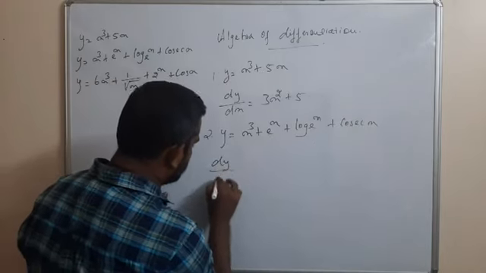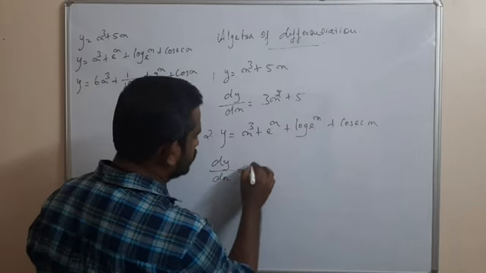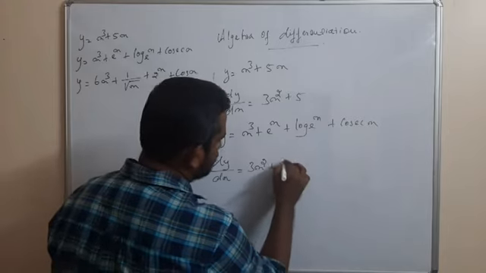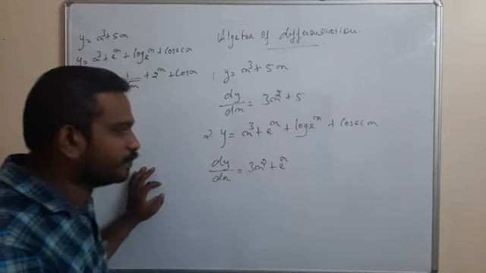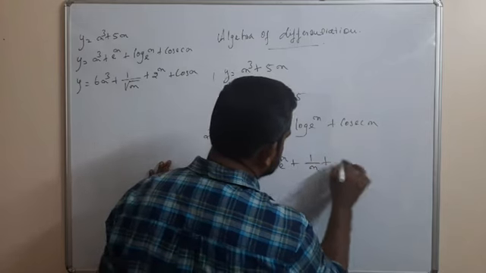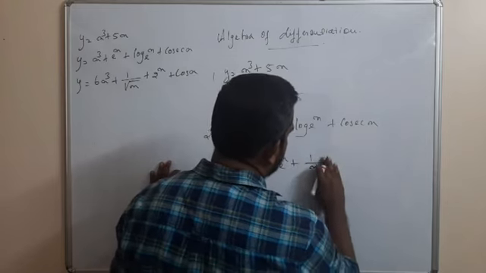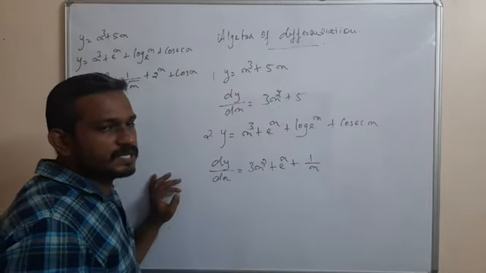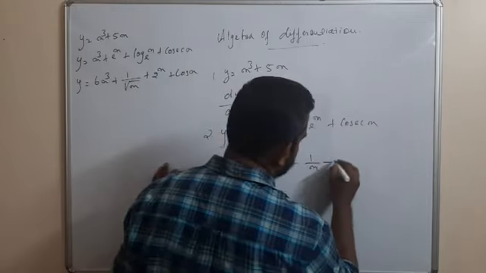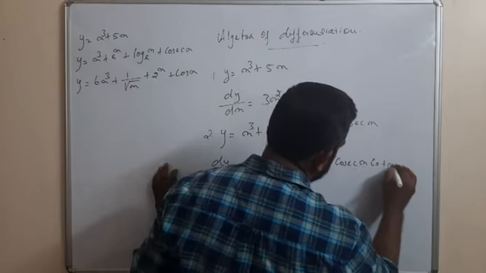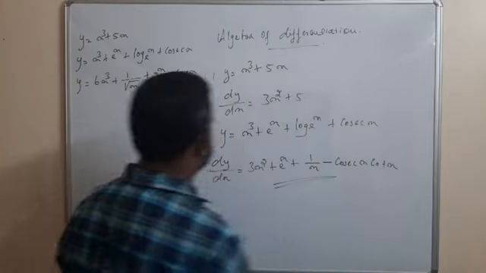So dy by dx equal to 3x square plus the differentiation of e power x, plus log x gives 1 by x, plus, what is the differentiation of cosecant x? Minus cosecant x into cot x. So this is the answer.